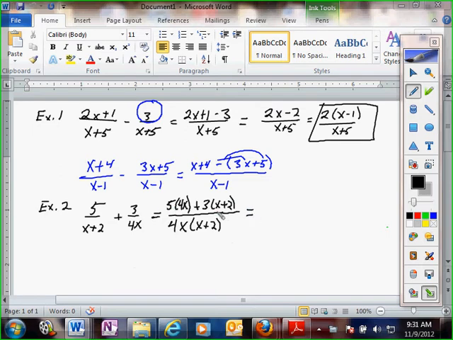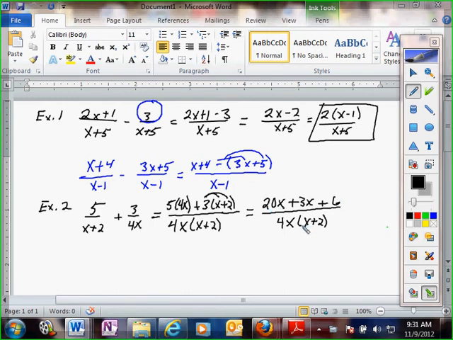So this becomes 5 times 4x is 20x, and then I distribute the 3, and I get plus 3x plus 6 over, I'm going to go ahead and leave the bottom in factored form, because what I'm going to try to do here is take this top part of my fraction, this numerator, and see if it'll factor and see if something might cancel out.